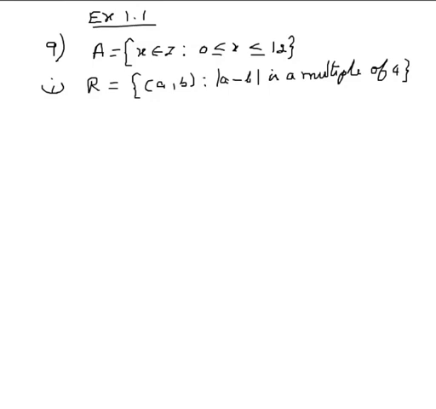We have to show that it is an equivalence relation. So let us first check whether it is a reflexive relation or not. If I consider (a, a), absolute value of a minus a is 0 and it is a multiple of 4.